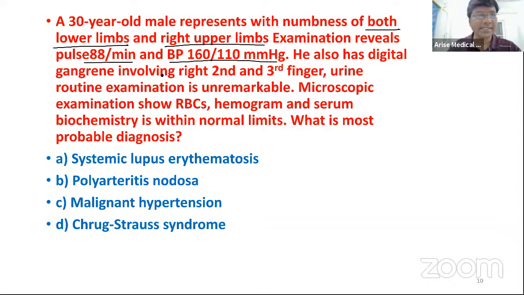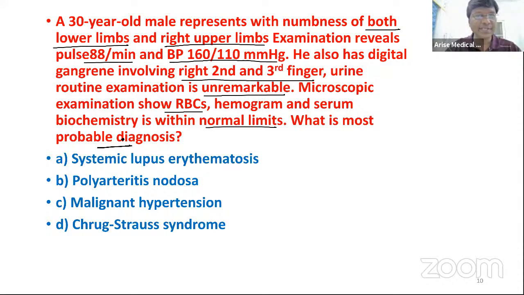He also has digital gangrene involving the right second and third fingers. Urine routine examination is unremarkable. Microscopic examination shows RBC. Hemogram and serum biochemistry are within normal limits. What is the most probable diagnosis in this patient? Systemic lupus erythematosus, polyarteritis nodosa, malignant hypertension, Churg-Strauss syndrome.